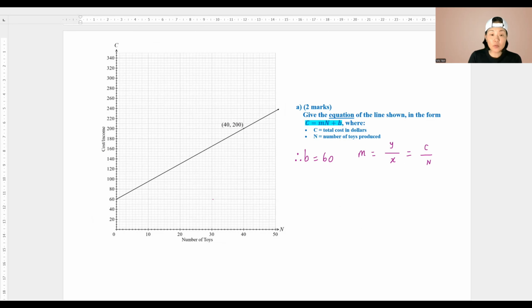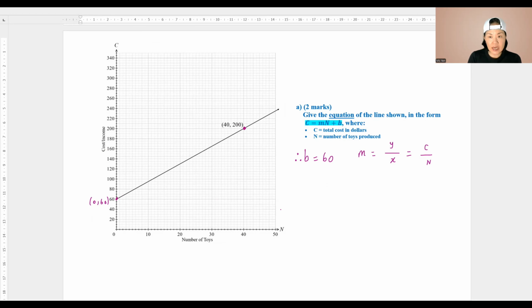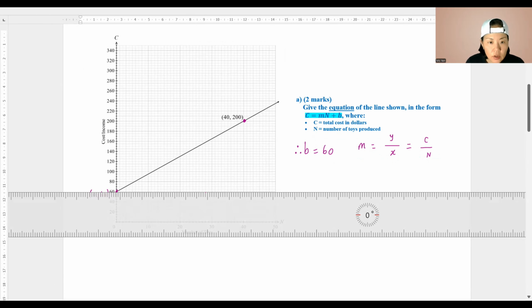The best thing will be creating a right angle triangle from 2 points. So I'm going to use this one and sample points here, and create a right angle triangle to get the rise over run. I'm going to draw a right angle triangle with my ruler.